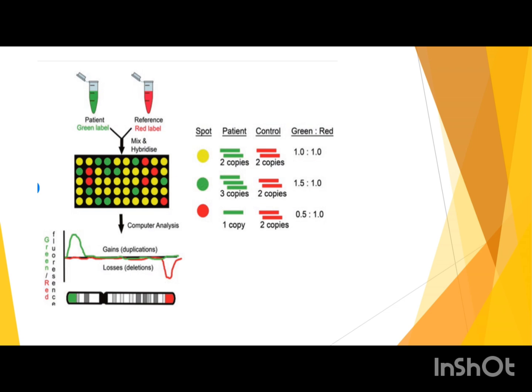Now when we talk about the banding patterns, first suppose both are matching. The red will get hybridized with the green.